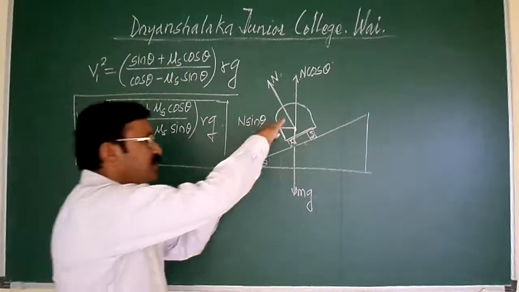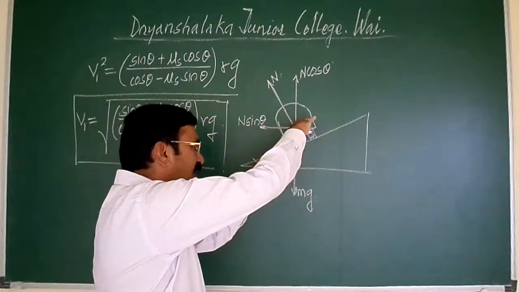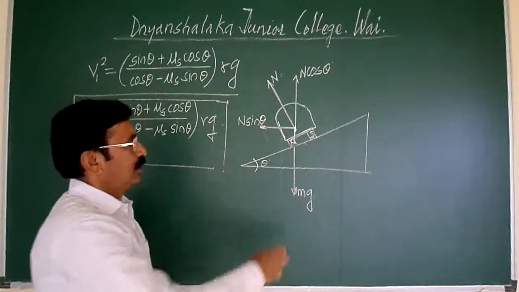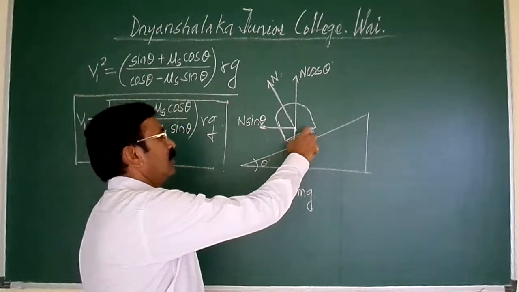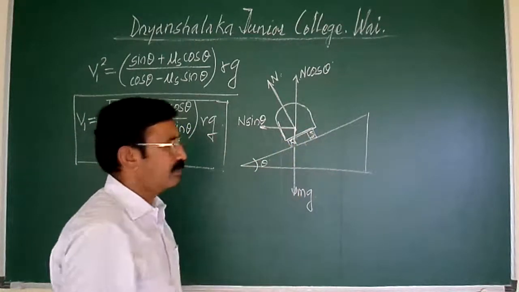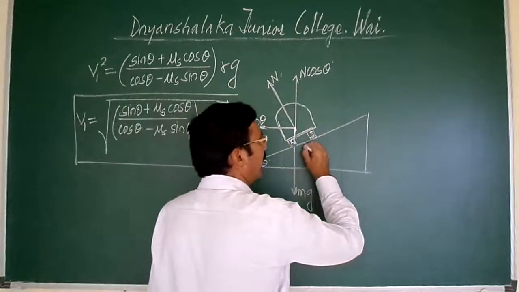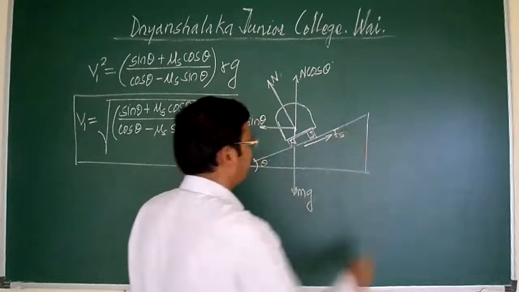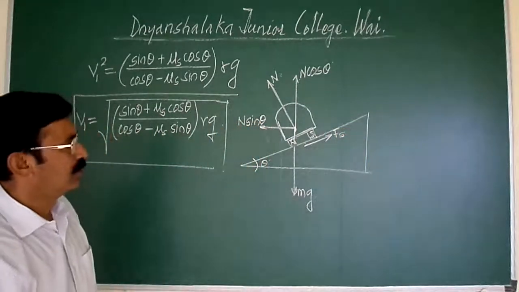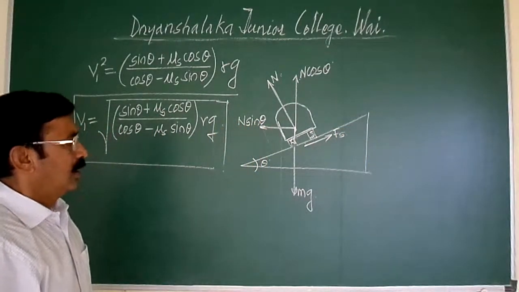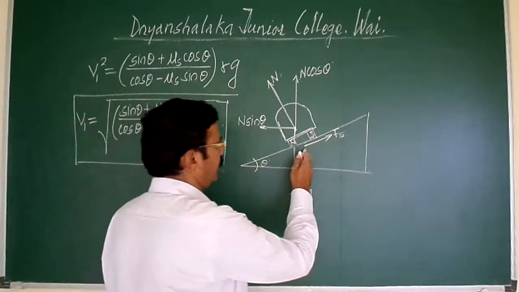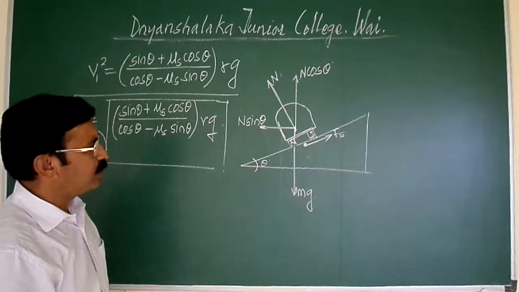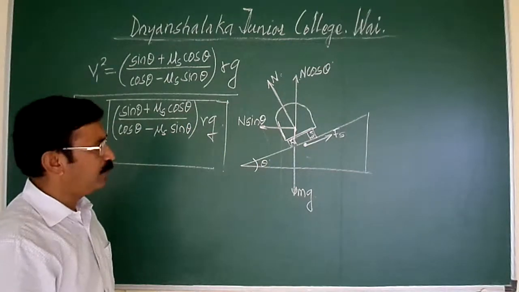Now if the speed is very less, so that the vehicle skids in downward direction, the frictional force will be acting in upward direction. So this is Fs. We will be able to resolve this frictional force into two components.